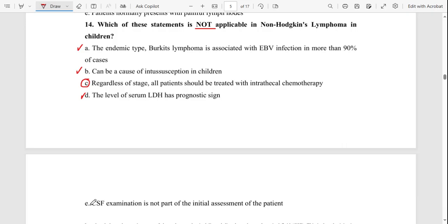So option E is saying CSF exam is not part of the initial assessment for the patient. Maybe I'm not understanding it. Can someone explain what's happening on the options? CSF exam is supposed to be part of the initial assessment. So when it comes to the not applicable, is it applicable or not applicable? Maybe it's the English or the question.